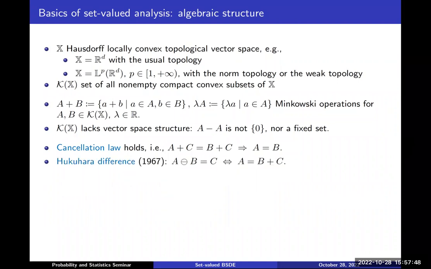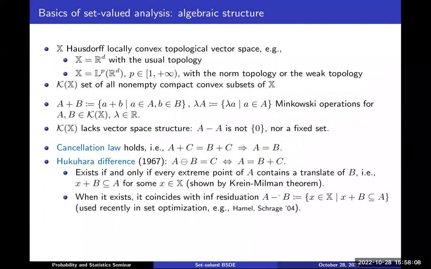And there is one notion of difference introduced by Hukuhara. So if you have A equals B plus C, you can say that C is the Hukuhara difference of A and B. Of course, this is well defined only when you have such a C. If such C does not exist, then the Hukuhara difference does not exist. You can characterize when this kind of set difference exists.